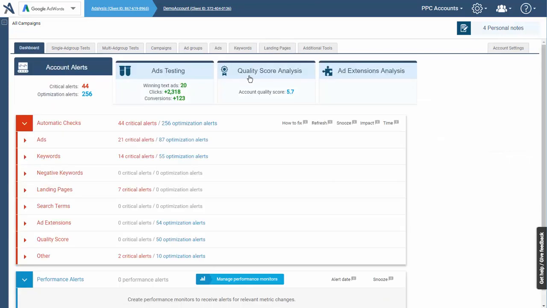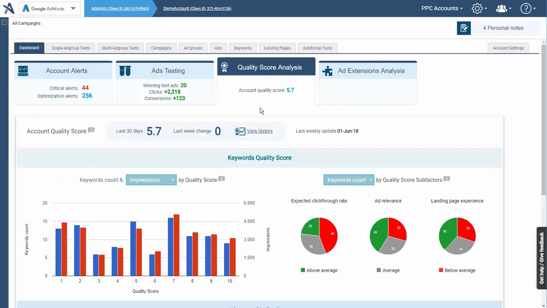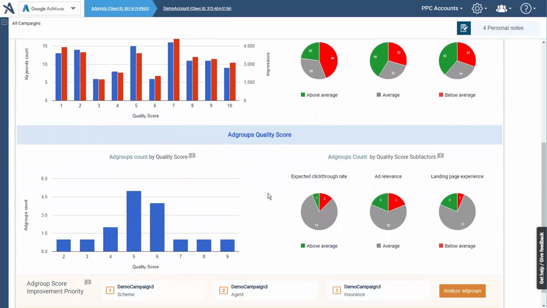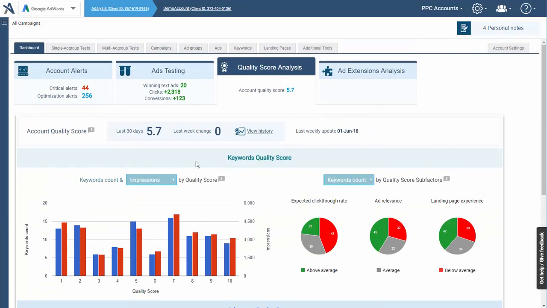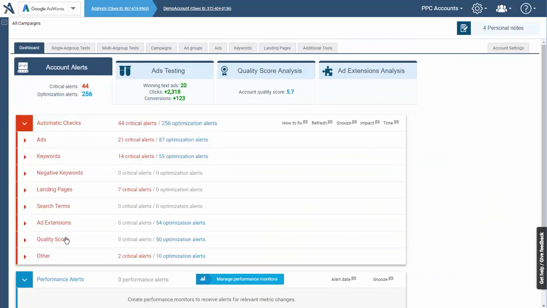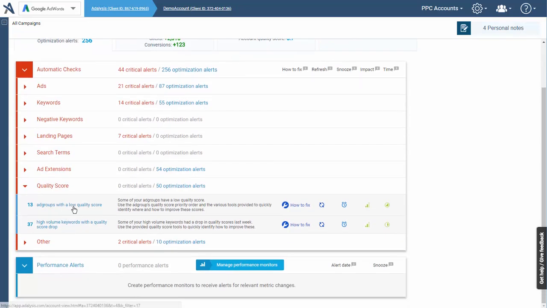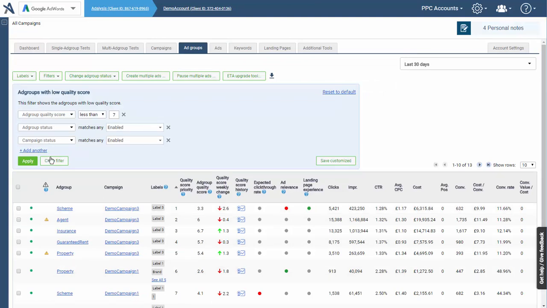So from the dashboard, your quality score analysis gives you an idea of your account level data, your overall ad group data, and where to start optimizing quality score. Your alerts will show you ad groups with low quality scores with a lot of impressions, or high volume words with quality score drops. You can click on these and open the filter.